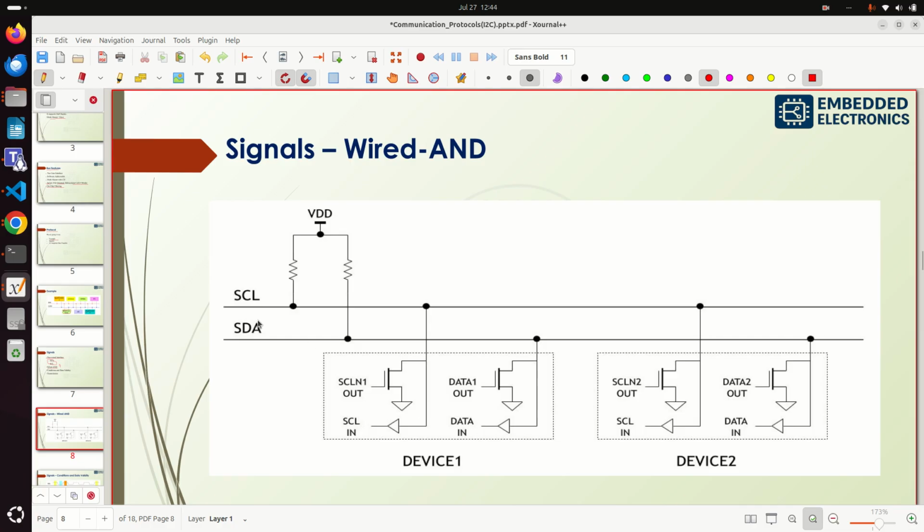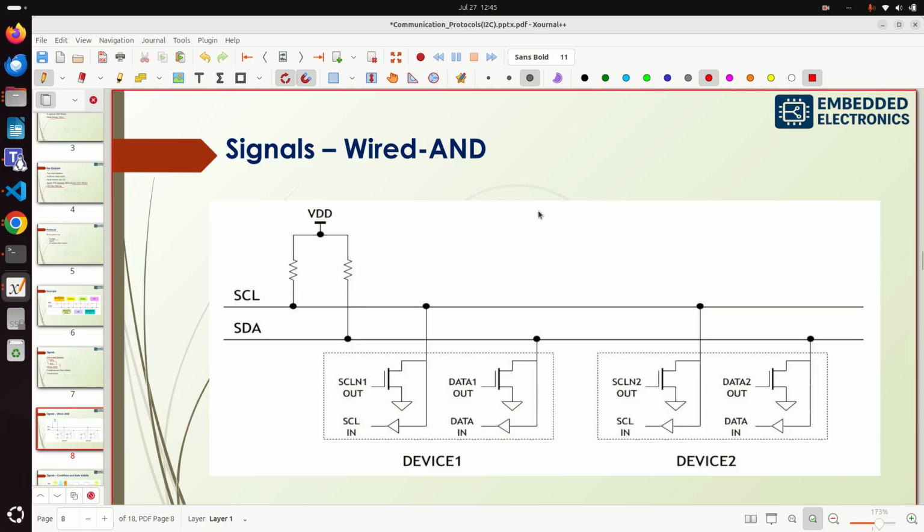You can see one data line and one clock line, and there can be multiple devices connected to the same wire. Transmission happens and reception happens, and at the end, the signal seen on this data line is nothing but wired AND.